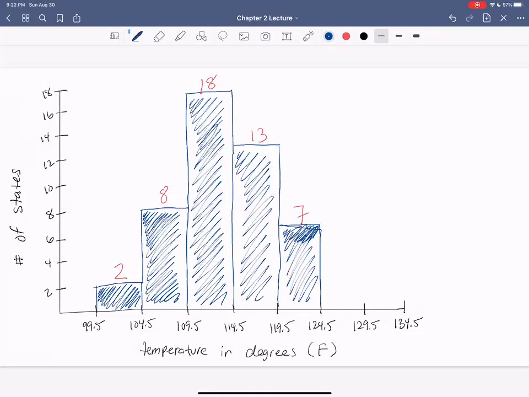And then we have 1. And then our last one is also 1. All right, so this would be our histogram fully completed.